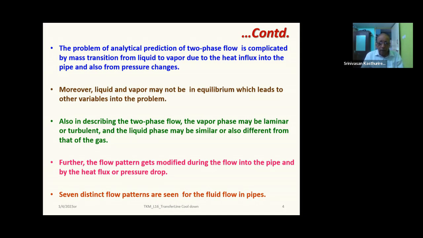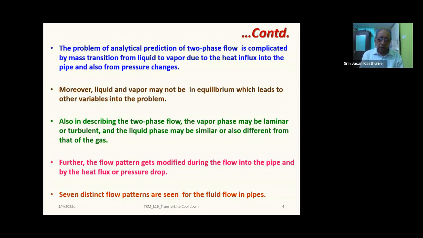Okay, and this particular problem of how much liquid will be transferred is quite complicated, because there is always a continuous conversion of liquid to vapor because of the heat transfer. Automatically, this also leads to pressure changes along the length of the line. Okay, liquid and vapor may not be in equilibrium, and this introduces other variables into the problem.